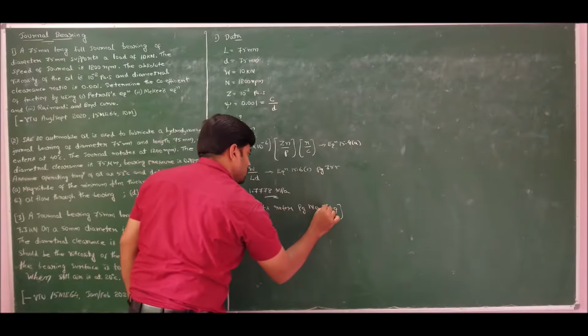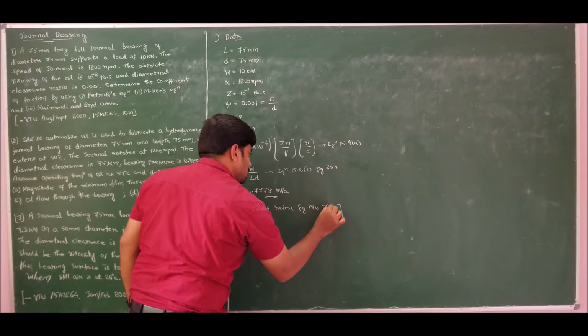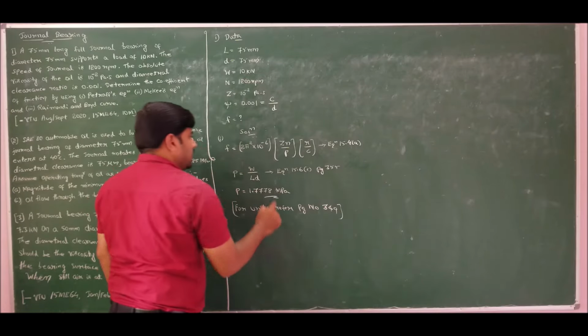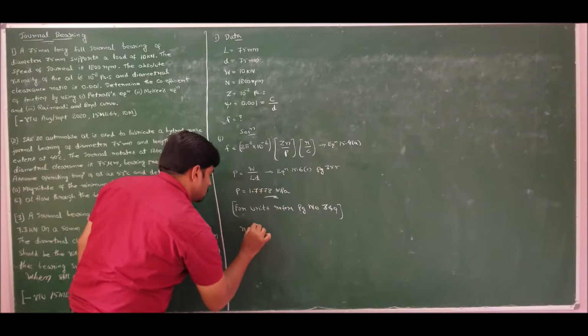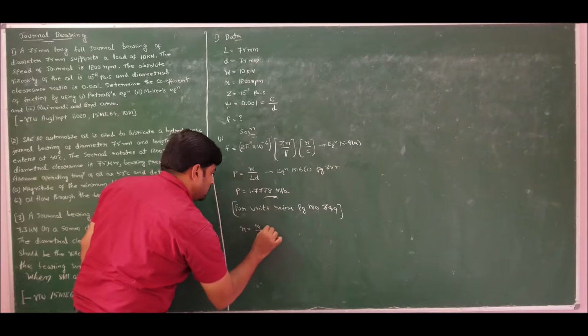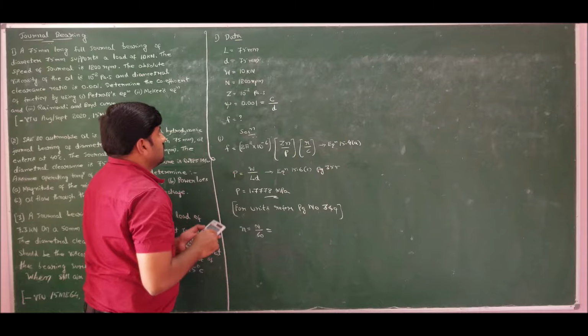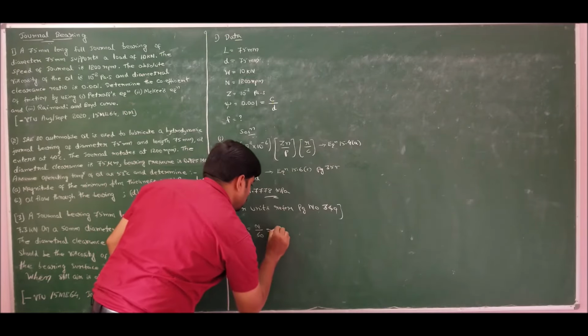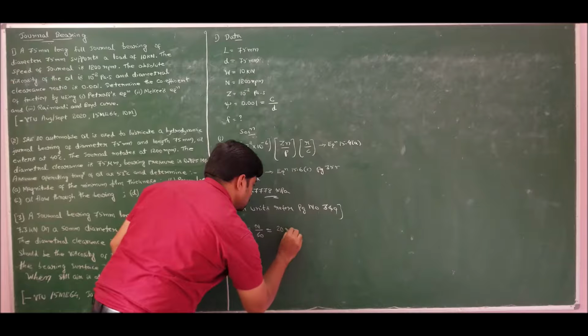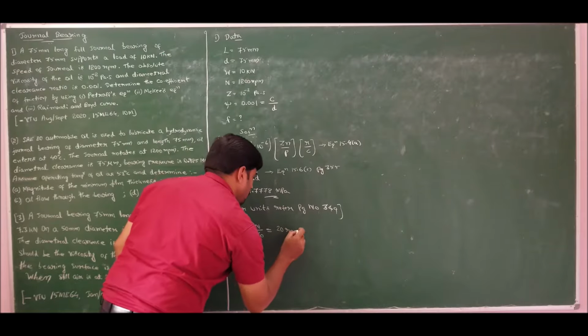Very, very important. Here small n stands for RPS. So small n is capital N by 60, that is 1200 by 60, which is nothing but 20 RPS.